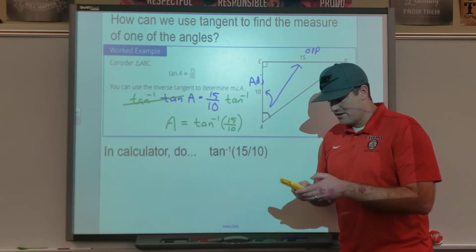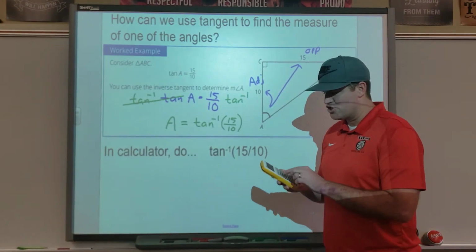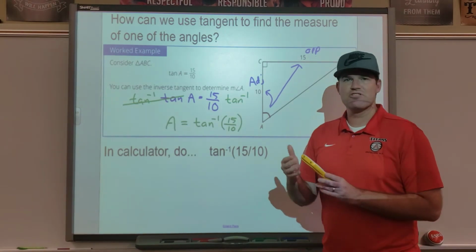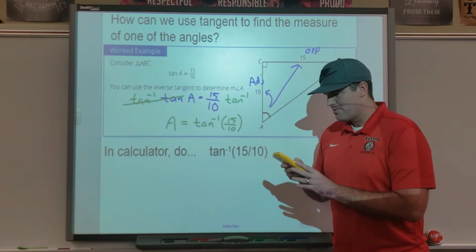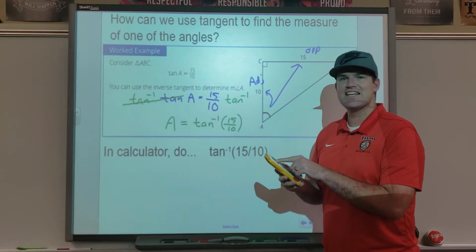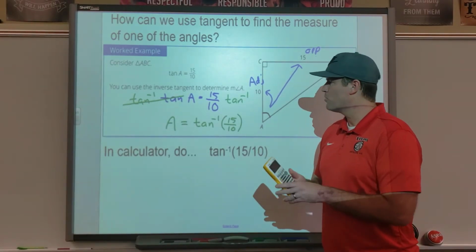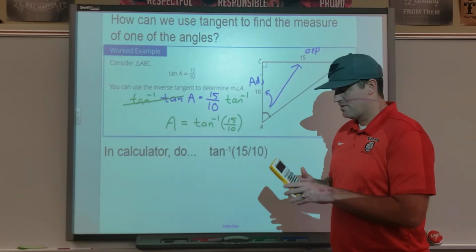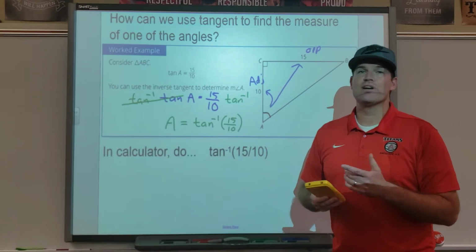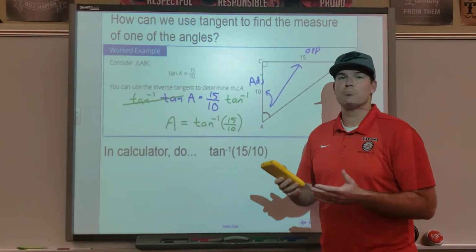So in my calculator, to get inverse, I have to hit shift first. You might have to hit second. If you're using Desmos, your teacher will show you how to do that. But I'm going to do inverse tangent. So now my screen says tan -1. And then in parentheses, I'm going to put 15 over 10. Or I could have divided that and got 1.5 and done inverse tangent of 1.5.